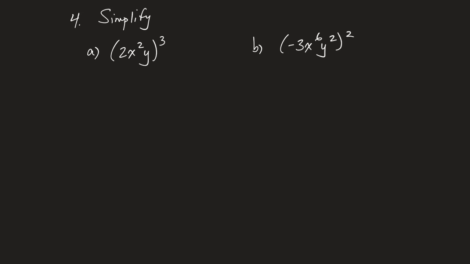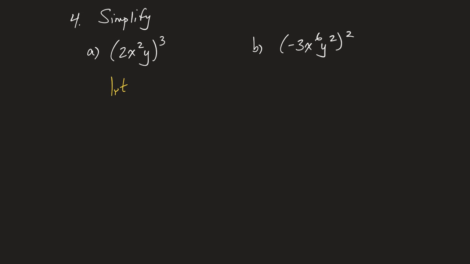Notice, if I let that ugly base of 2x squared y equal something else, like an a, well then that expression is just a cubed. It's a single power. And we should be comfortable with single powers. It's just that the base has been made a little uglier.